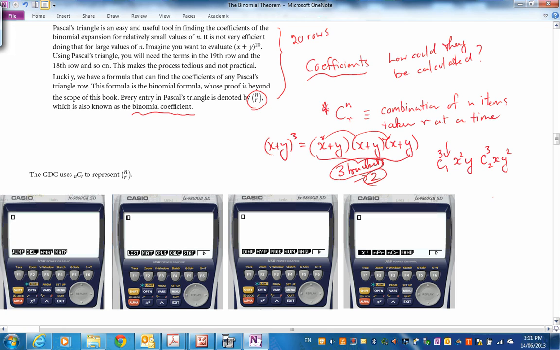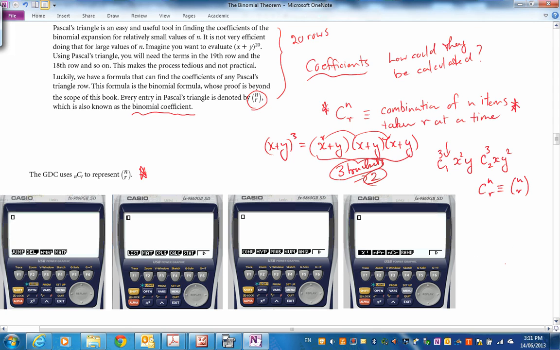So the nCr notation is a notation representing the combination of n items taken r at a time. How many ways can you choose r objects from n? And then that is actually abbreviated to this here, and we could call that the combination, the binomial coefficient, if you like. And on the calculator, here we are, it's written as nCr.